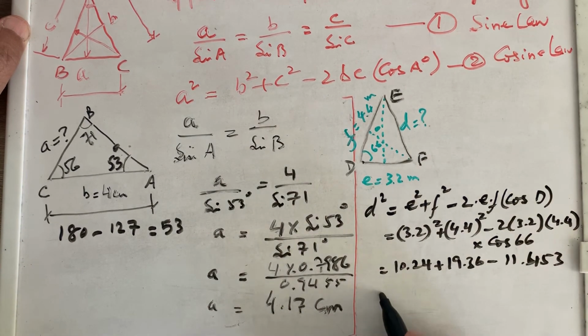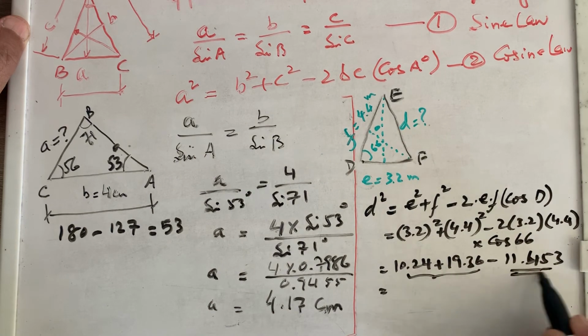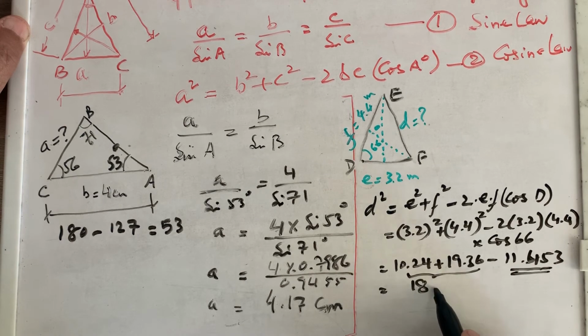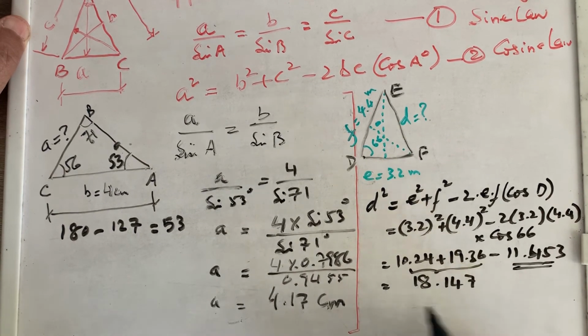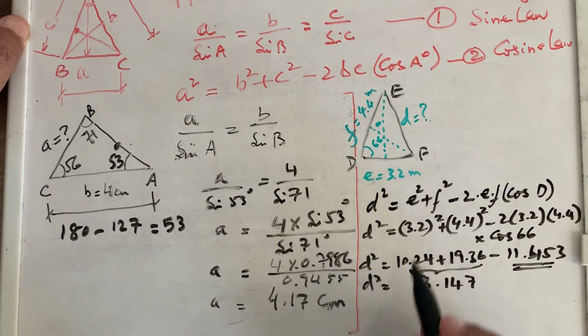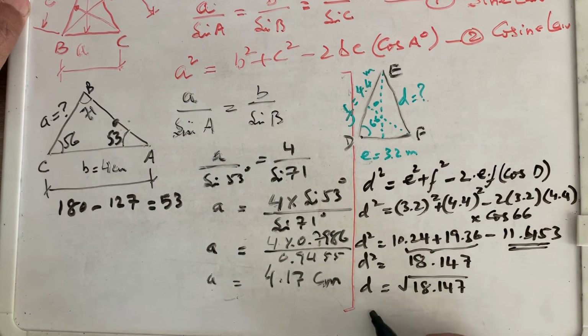So now you have simple addition and subtraction. You add these two, subtract this one from here. So you will be getting 18.147. But this is the value of d square, and what we need to calculate is d. So d is equal to the square root of 18.147.